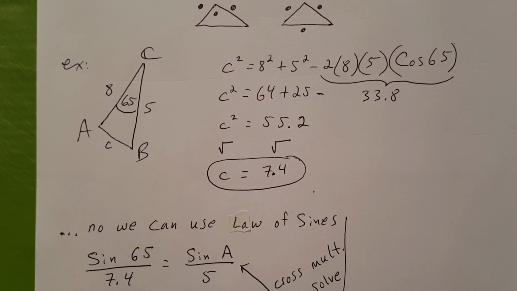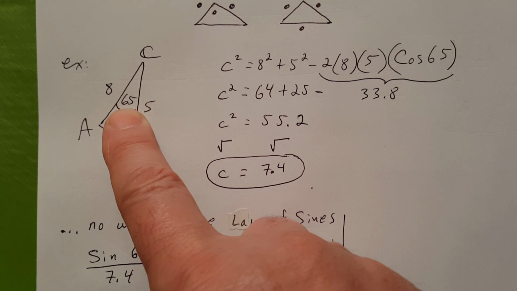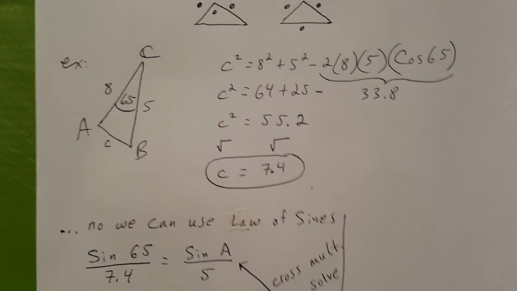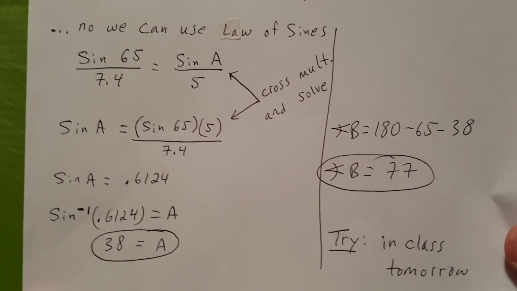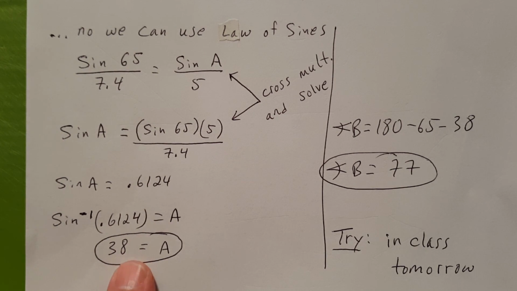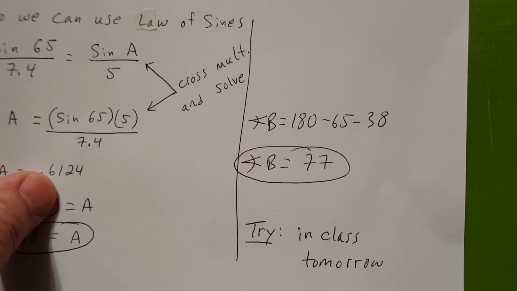So notice here, I start with the C because they give me information about angle C, and I find little c to be 7.4. Then when I have one side, I have enough to use the sine rule. I use the sine rule to get an angle, and then I use the 180 rule to find the missing third angle.